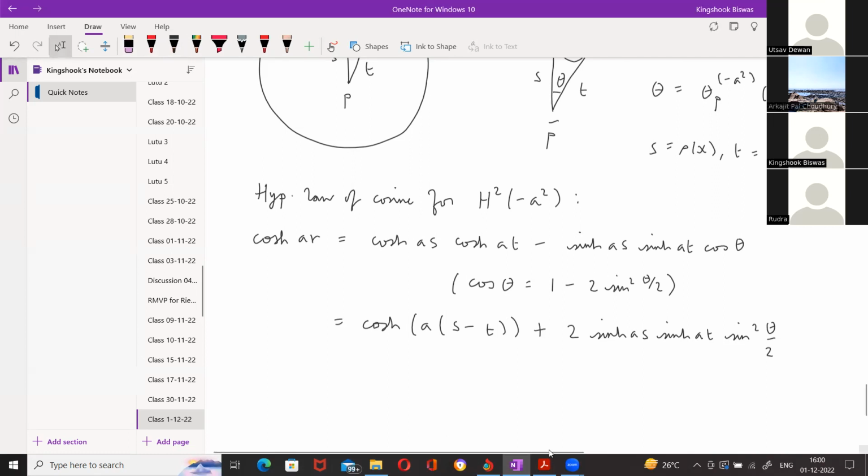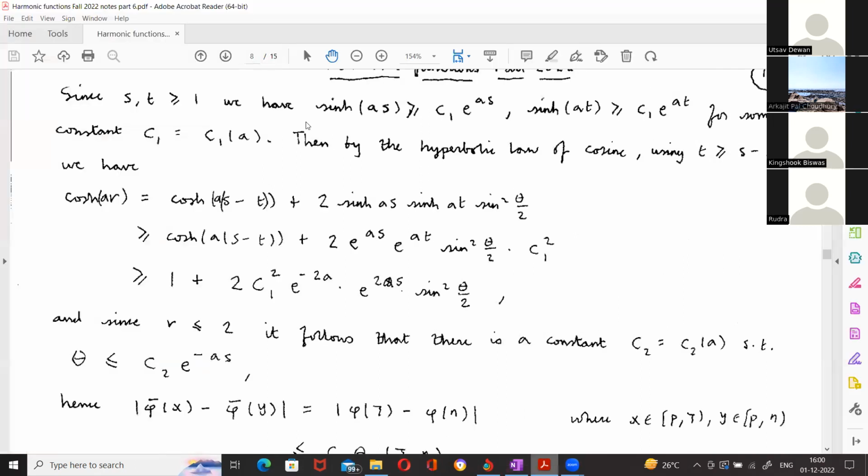So that means sinh AS and sinh AT will be bigger than a constant times e to the AS and e to the AT. So I substitute that here. This will be bigger than cosh A(S minus T) plus 2 e to the AS e to the AT sine squared theta by 2 into some constant squared. And this cosh is bigger than 1.